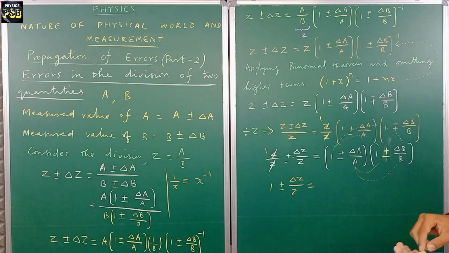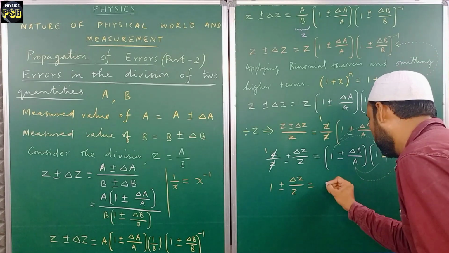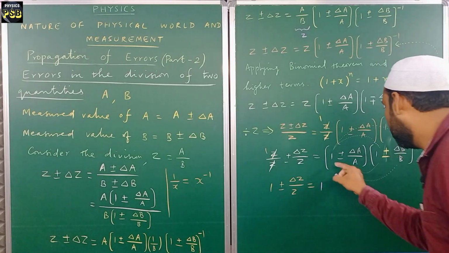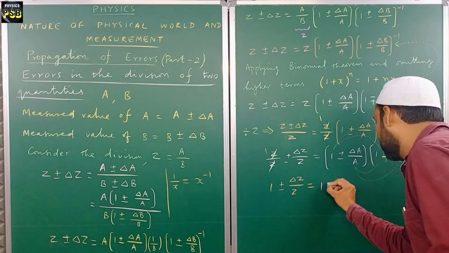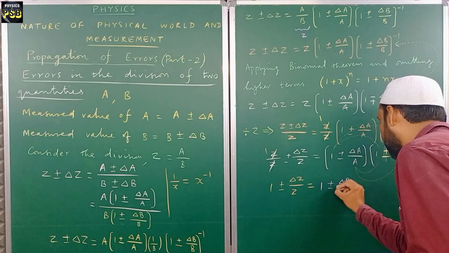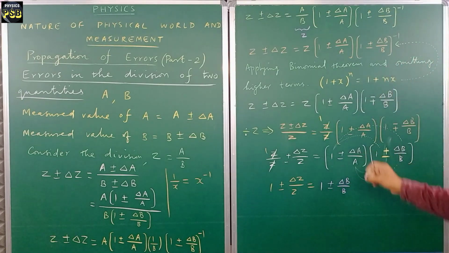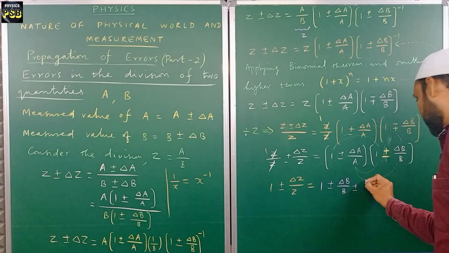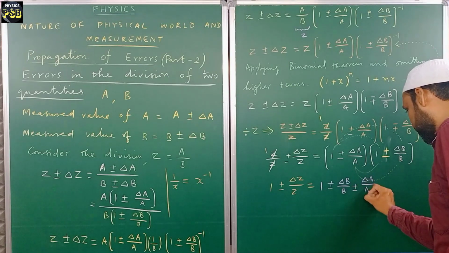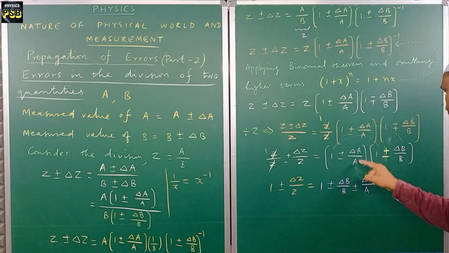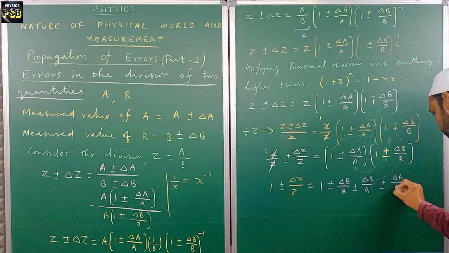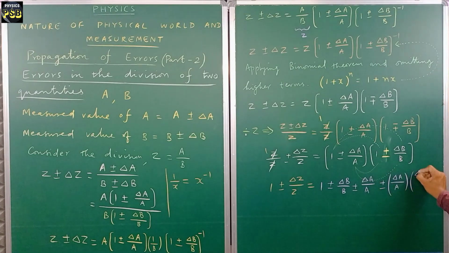Let's find out what we get. 1 multiplied with 1, we obtain 1. 1 multiplied with this, I get plus or minus delta b upon b. Then delta a upon a multiplied with 1 gives delta a upon a. Next I'm going to multiply these two. What I'll get is plus or minus delta A upon A multiplied with delta B upon B.